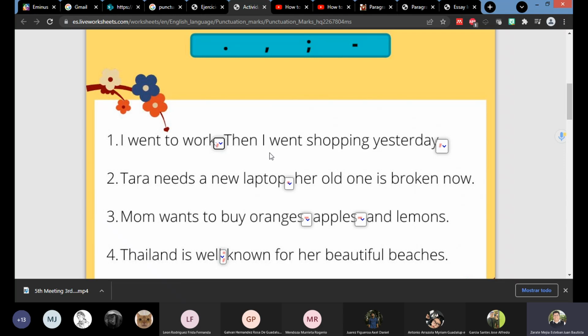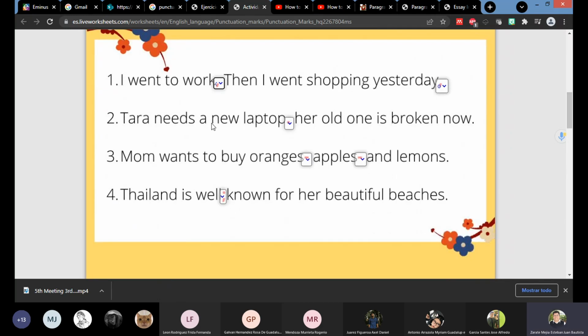Pero acuérdense que también se puede utilizar el punto y coma con la misma función del punto. A ver, vamos a ver si el cero me lo maneja como si fuera el punto.